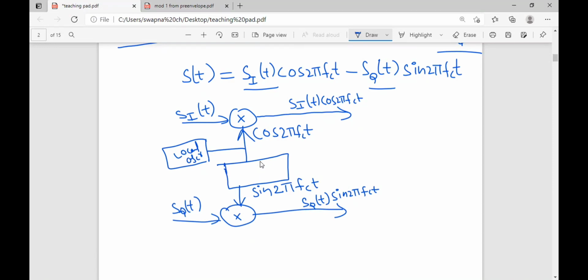Plus 90 degrees phase shifter or minus 90 degrees phase shifter? Somebody can analyze and tell me the answer.